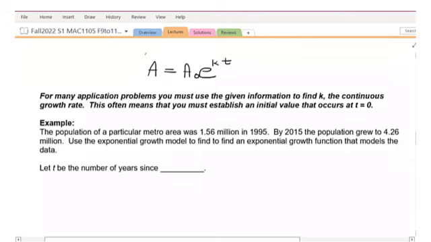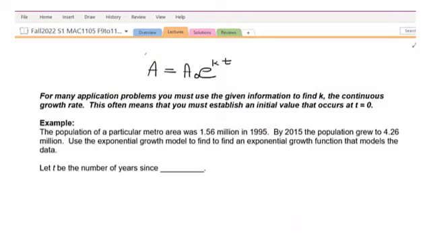We're just using A sub 0 instead of P and k instead of r. So many times they will ask you to find the k yourself. You're able to do that because you're given information about the size of the population at time 0 and one other time.